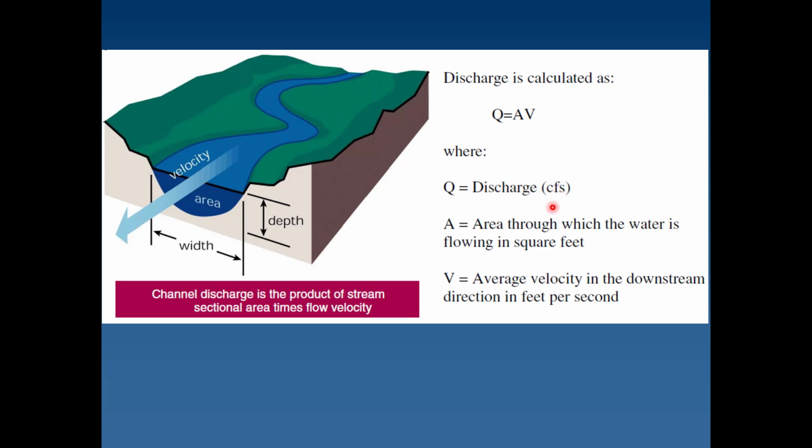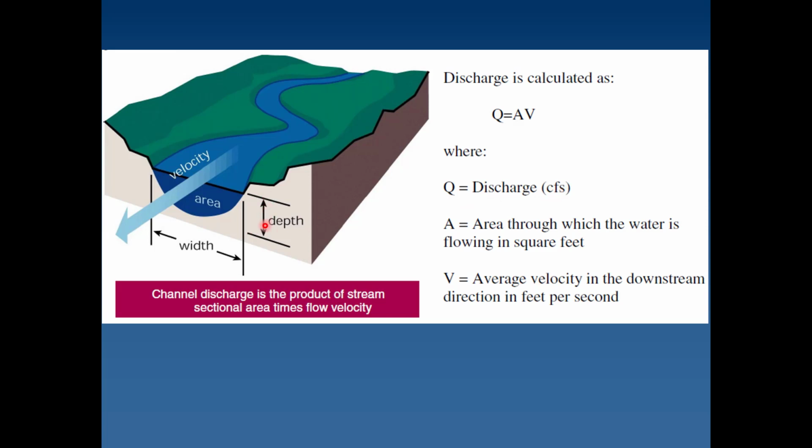And again, I'd encourage you, I do a much more detailed write-up of this and some practice problems calculating discharge. But just like the fundamental unit of water for irrigation and for watershed management is the acre-foot, the fundamental unit for flow in a river, called discharge, is the cubic foot per second.